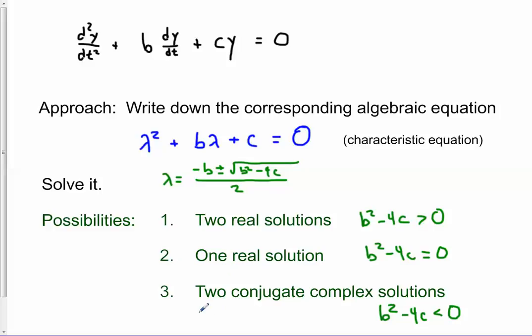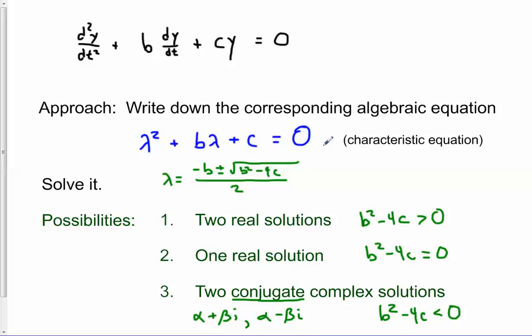So you'll get one answer that, as with all complex numbers, is a real part plus an imaginary part times i. But the other one will have the same real and imaginary parts, only the imaginary part will be negative. That's what we mean when we say they're conjugates. Those are conjugates of each other. So we get two complex solutions like that.